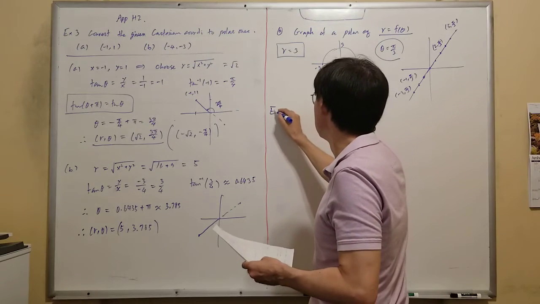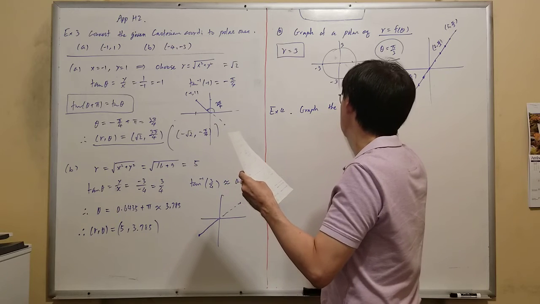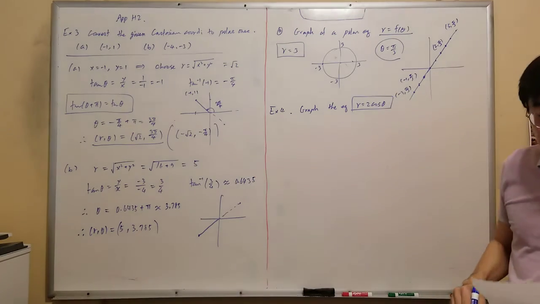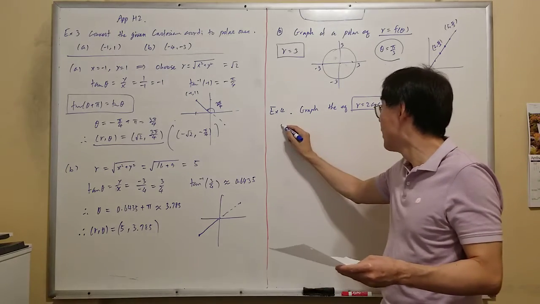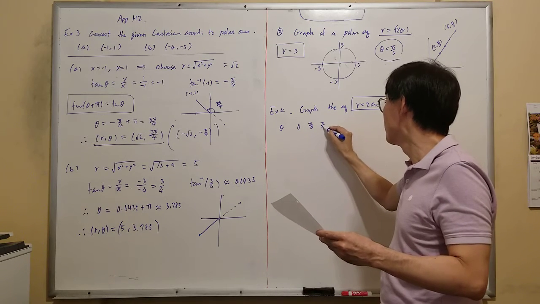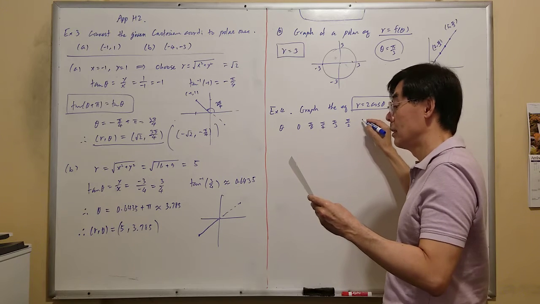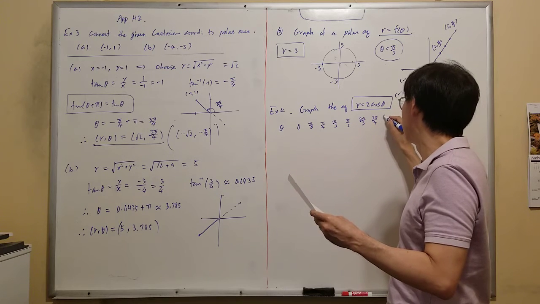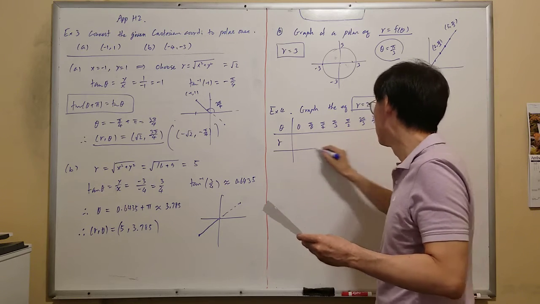Example 4. Graph the equation r equals 2 cosine theta. Okay. One way to draw this one is we think about these special angles: pi over 6, pi over 4, pi over 3, pi over 2, 2 pi over 3, 3 pi over 4, 5 pi over 6, and pi, and keep going, right?